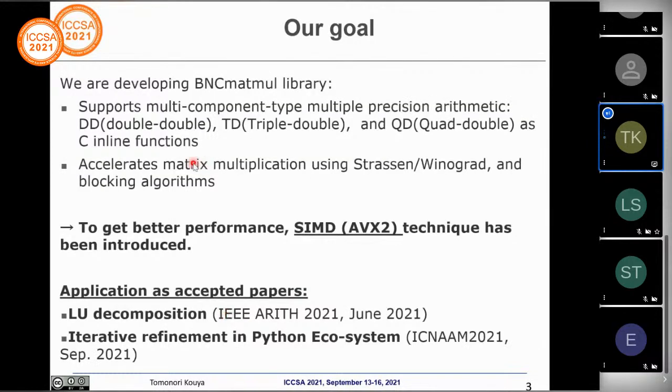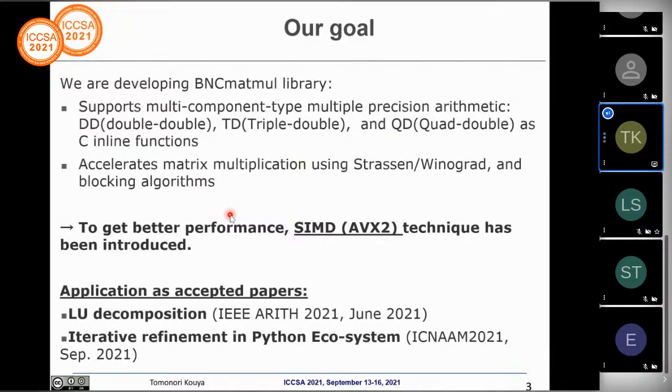This is our goal. We are developing a BNC multiple precision library that supports multiple-component type multiple precision arithmetic, including double-double, triple-double, and quadruple-double precision arithmetic. In our library, we can accelerate matrix multiplication using Strassen, Winograd, and blocking algorithms.